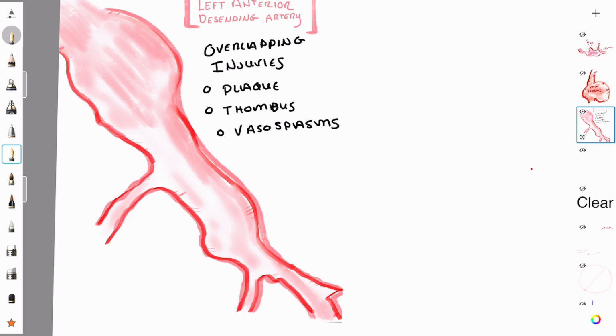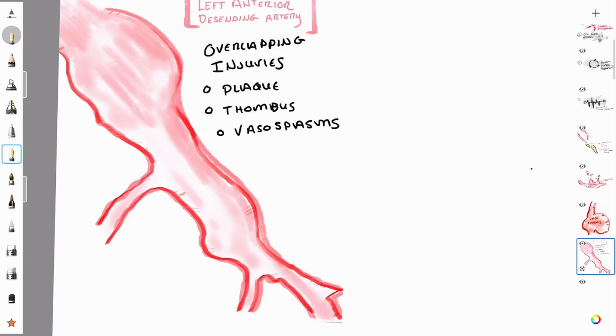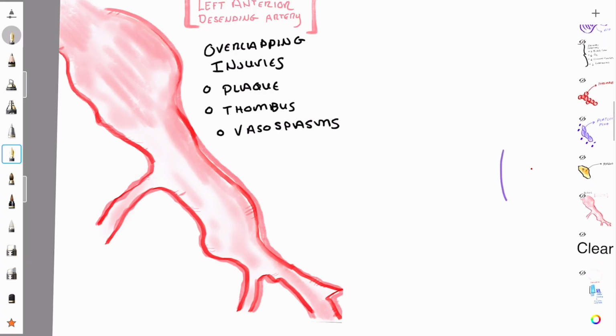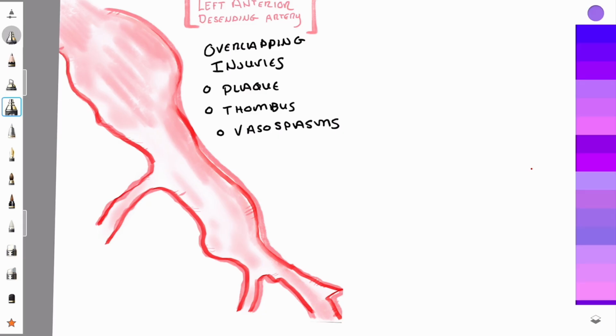So what we're going to talk about now is a couple more injuries that can occur. And it's really important to understand that the way these conditions get worse is that they start to compound. So now you can see I have this overlapping of injuries here, right?